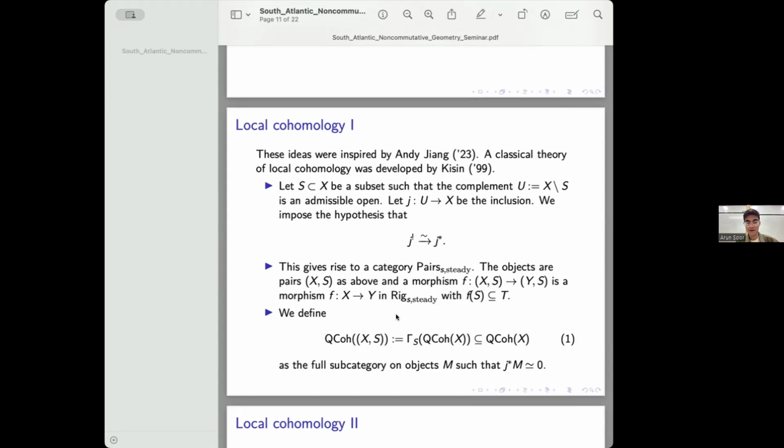You missed the T. Sorry, it's Y, T. Yeah, that's another typo. So a morphism f from (X, S) to (Y, T) is a morphism f from X to Y such that f of S is contained in T.